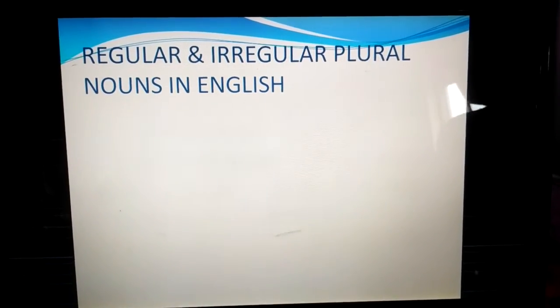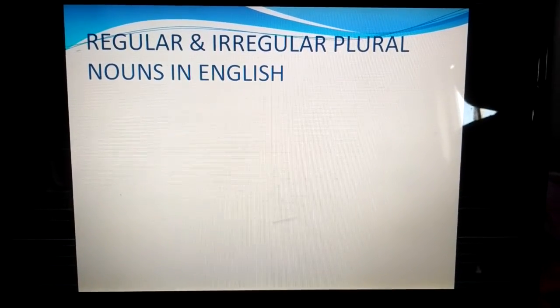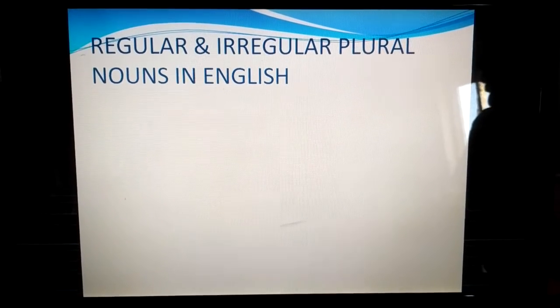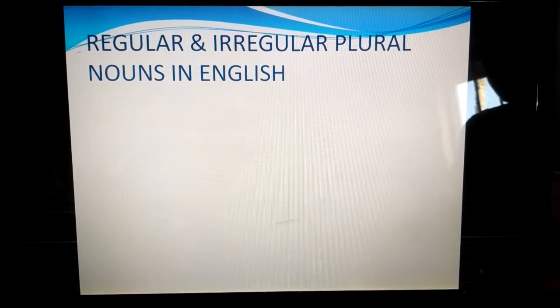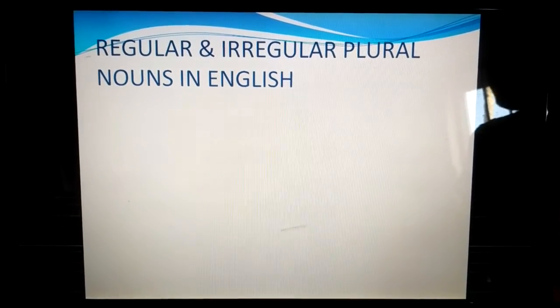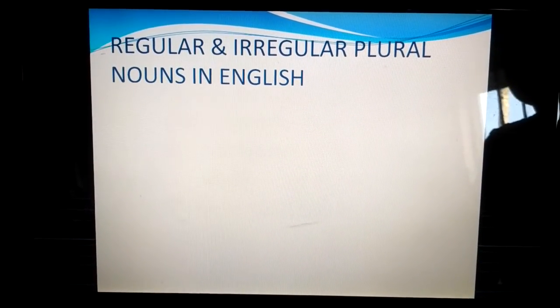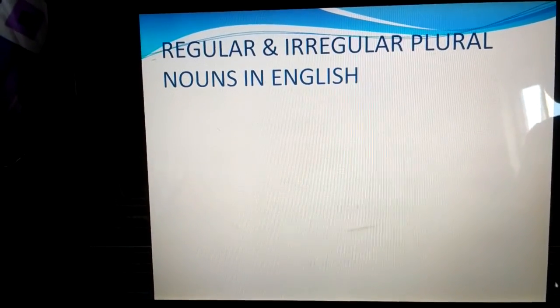There are two types of nouns here, regular and irregular. Where we change from singular to plural by adding s or es, it is called a regular plural noun. And irregular plural nouns means we don't add s or es.